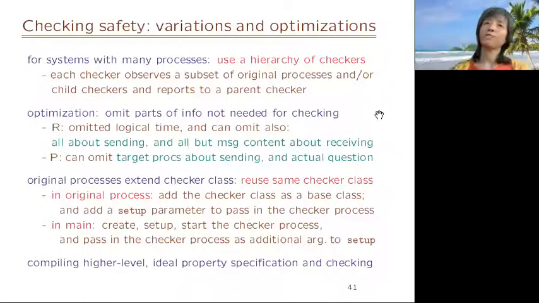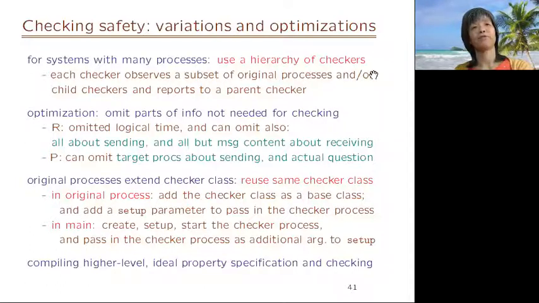And checking safety can have other variations and optimizations. So when you have a system with many processes, sending everything to one checker is the biggest bottleneck. You can use a hierarchy of checkers. So each checker observes a subset of original processes and/or child checkers and reports to a parent checker.